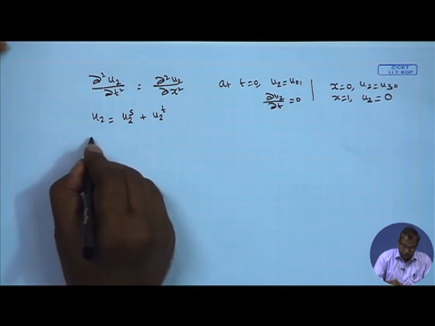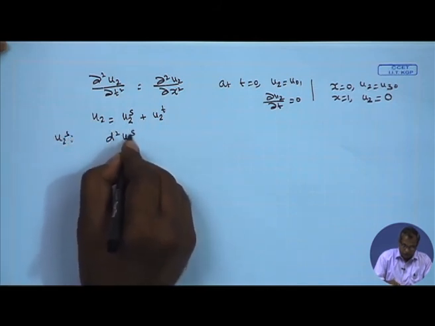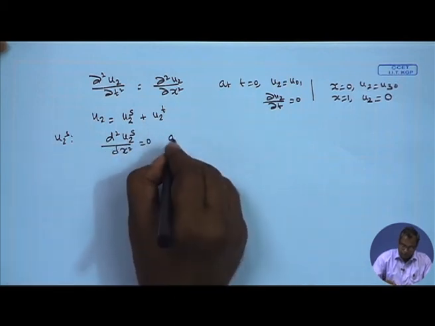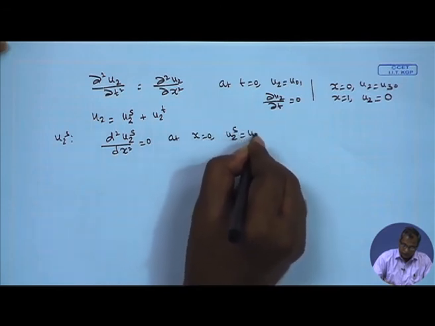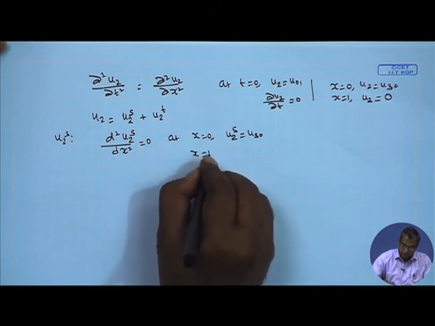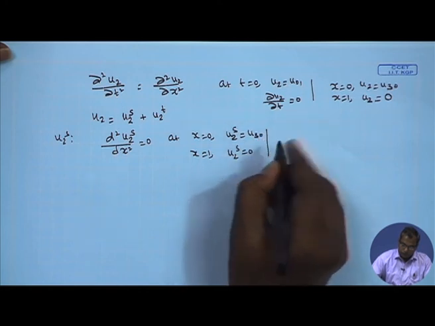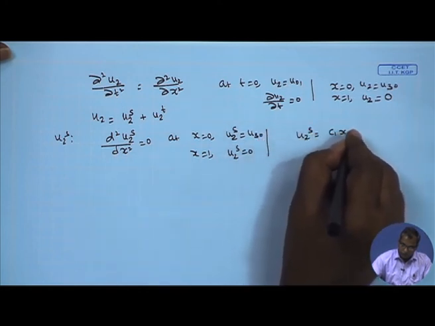So, the governing equation of u2s, as we have done earlier, is d square u2s dx square is equal to 0. At x is equal to 0, u2s is equal to u3 naught, and at x is equal to 1, u2s is equal to 0. We know the solution of this: u2s is equal to c1 x plus c2.